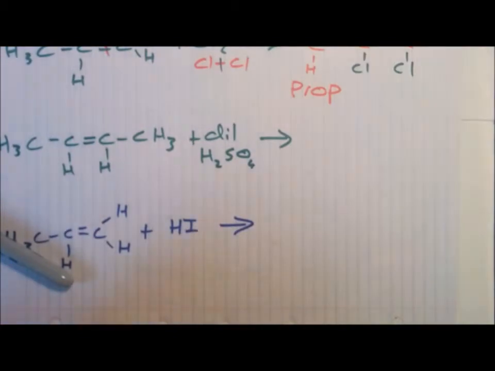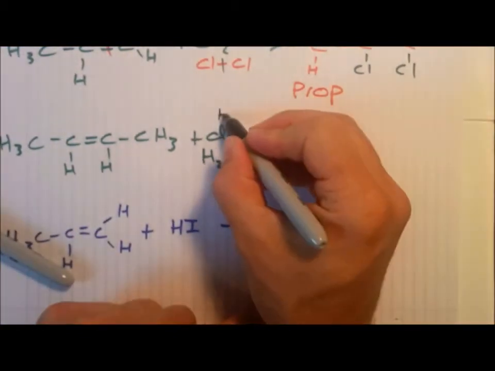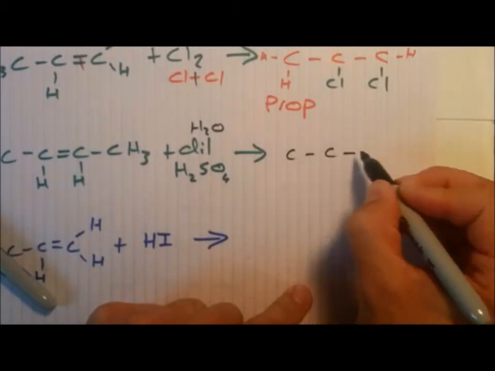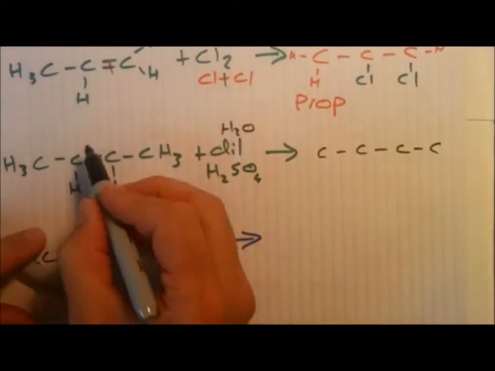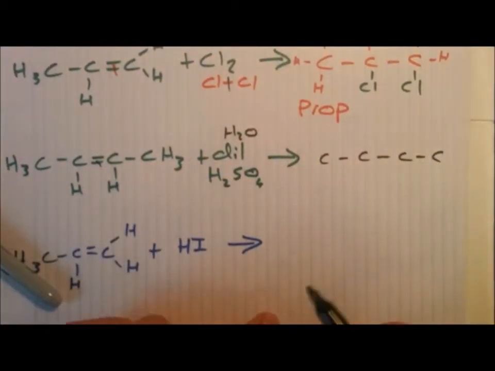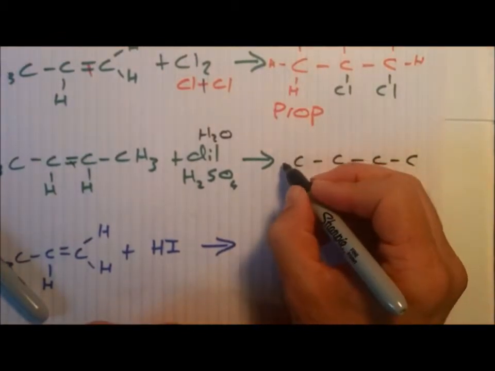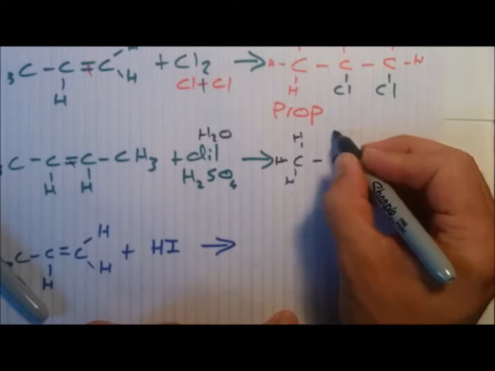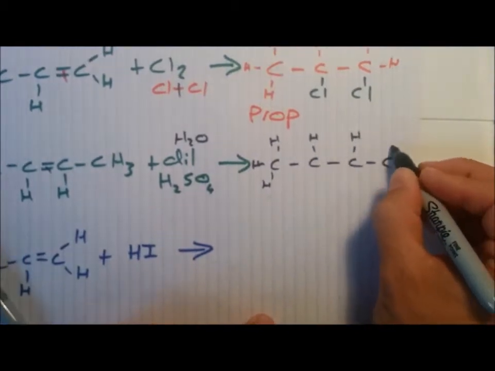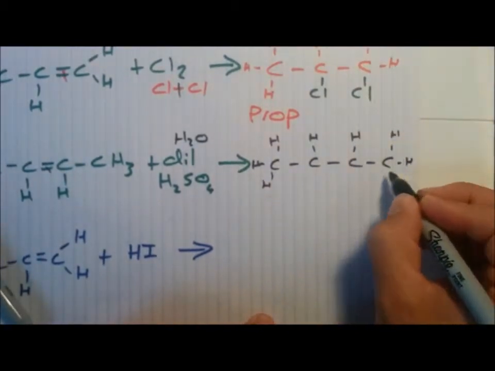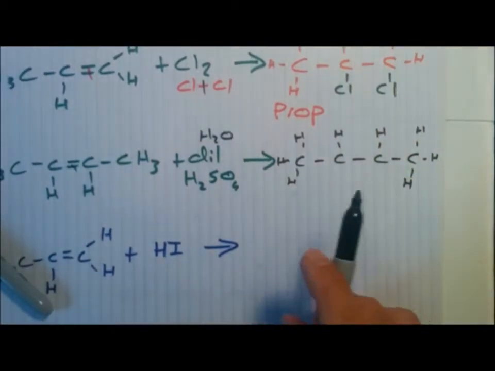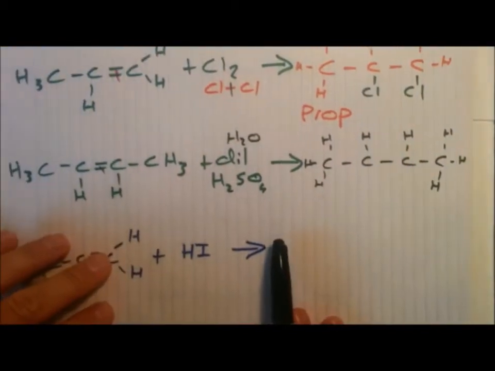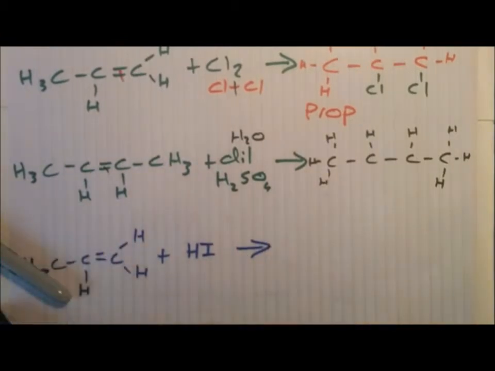Second one here, dilute, remember, means H2O. Know that we are going to break that. So if we put in all the stuff that we started with, you can see that this looks exactly the same as that, except I've just got rid of one of the double bonds.